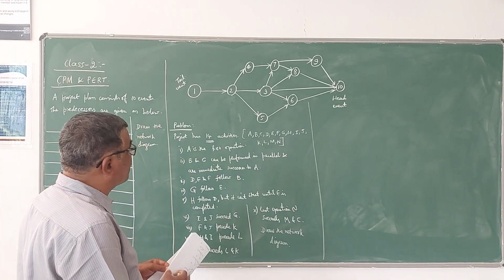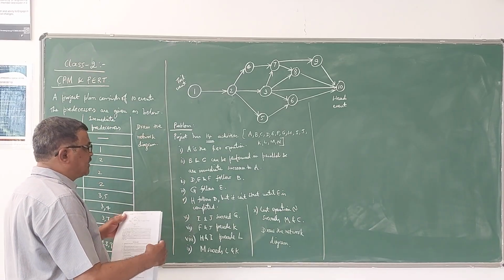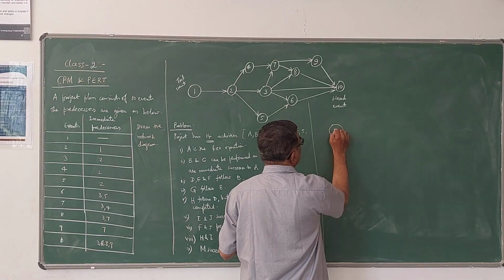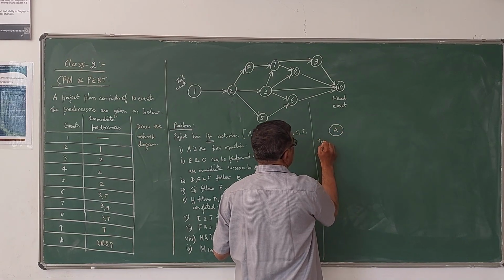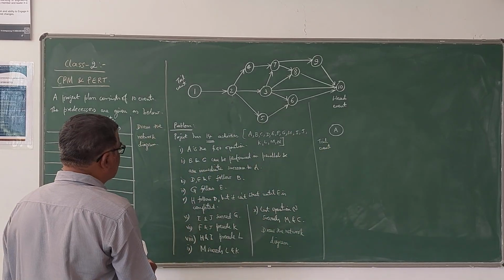Now we have to take them one by one. First, A is the first operation. So A becomes the first operation, and this becomes your tail. Initial event is A. Then what he says?